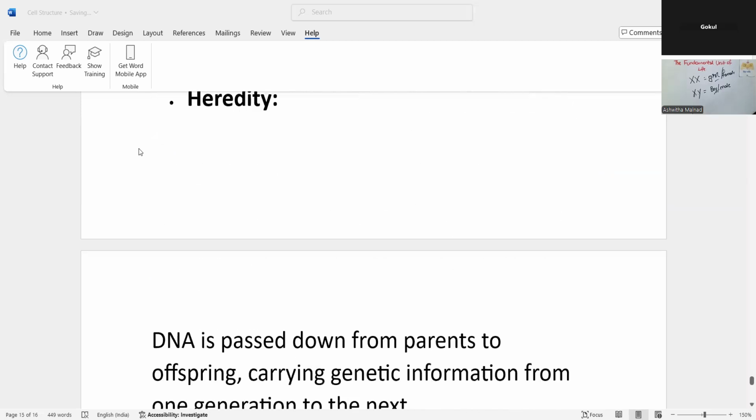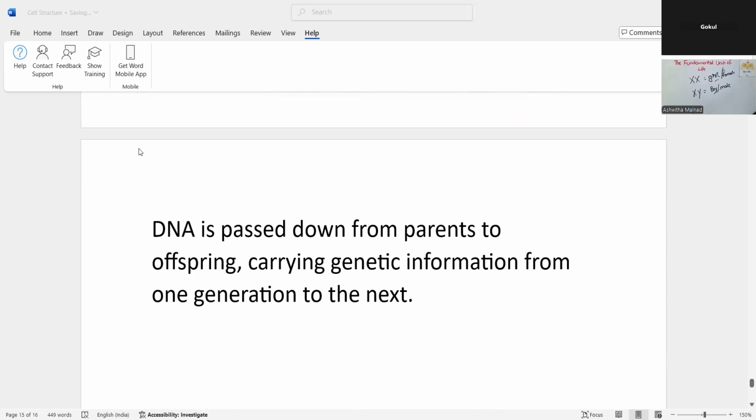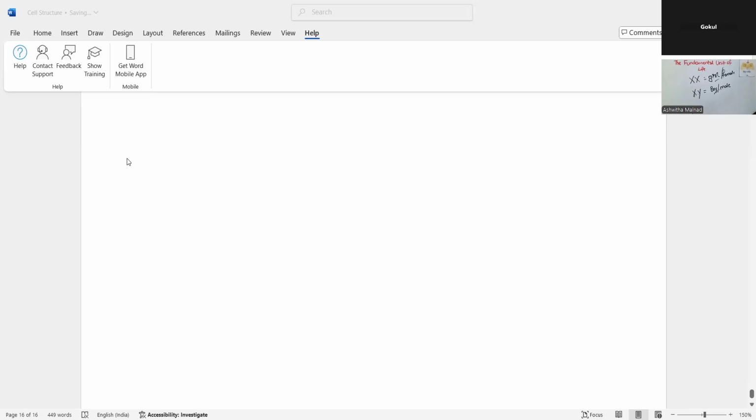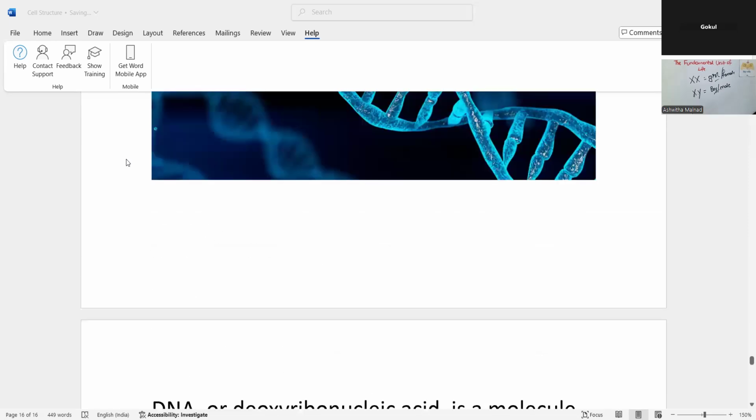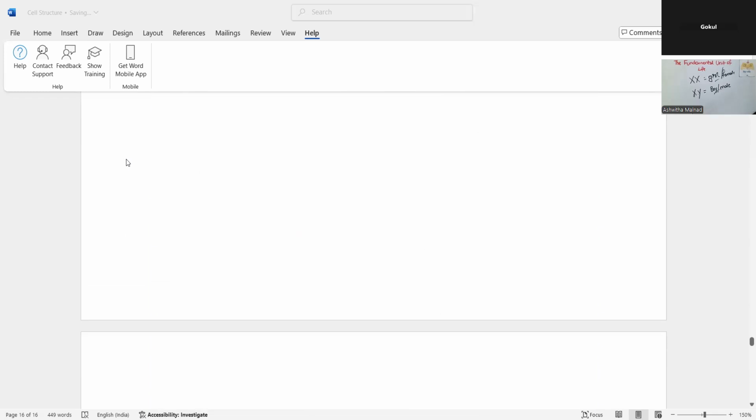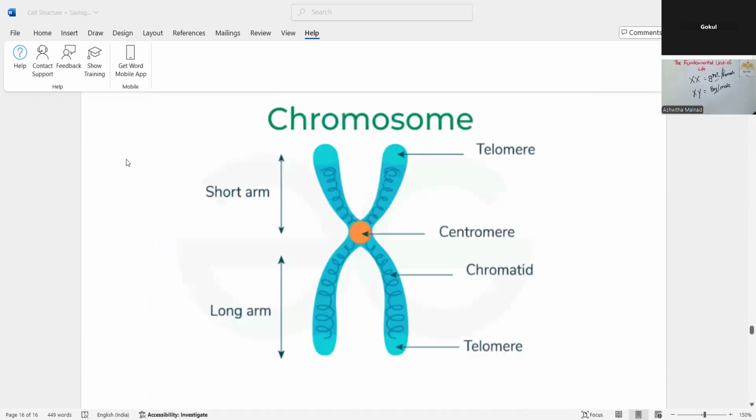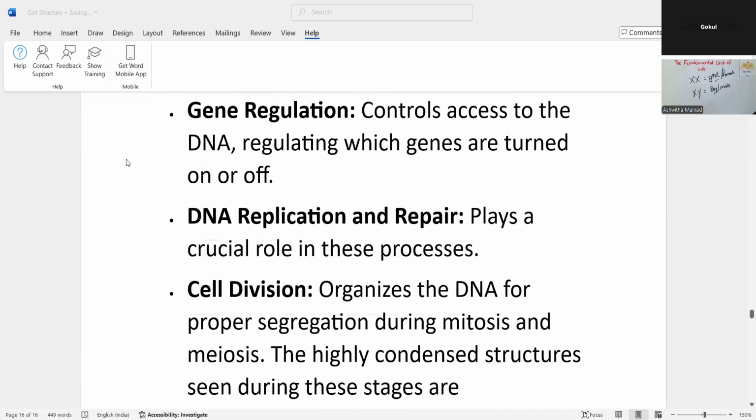Third, heredity. DNA is passed down from parents to offspring, that is the next generation, carrying genetic information from one generation to the next. So this is the information about DNA, chromosomes, and then chromatin material.